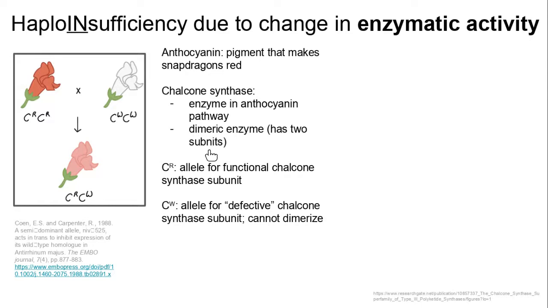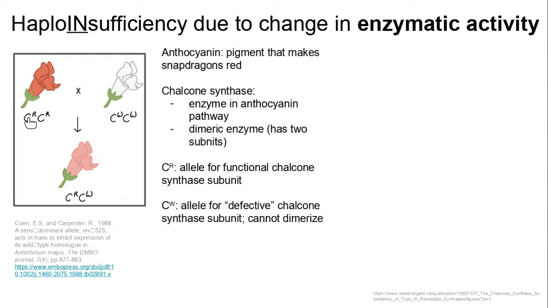Okay, then we're going to look at two different alleles: the allele that encodes red and the allele that encodes white. For the red allele, the chalcone synthase subunit is a functional one. On white, the chalcone synthase subunit doesn't work.